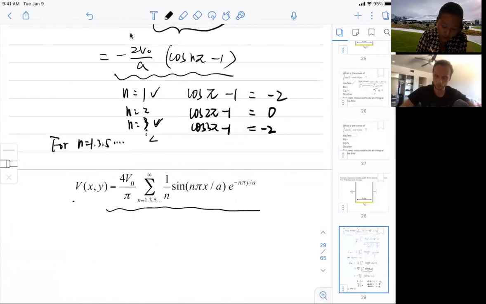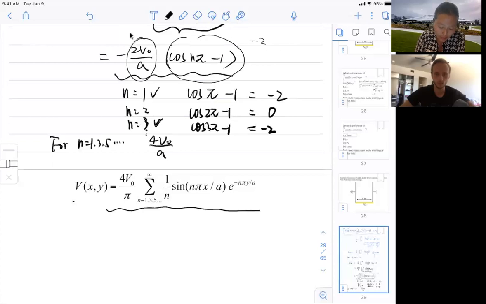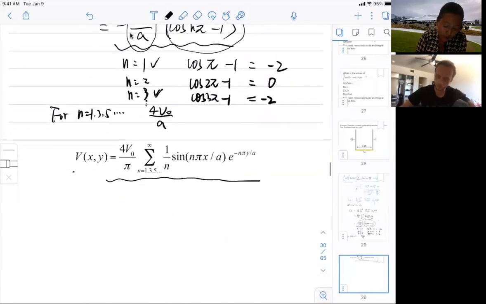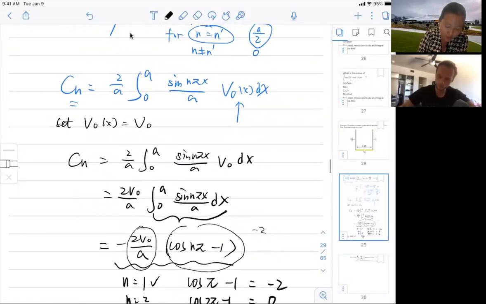This becomes 4 v naught over 8, right? Because this is 2 v naught over 8, and this is negative 2, right? So it becomes 4 v naught over 8. So I have 4 v naught. Okay, let's plug it in. I don't want to jump steps, because this is a complicated calculation.